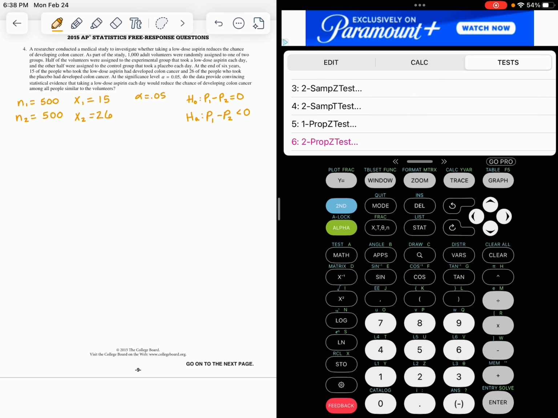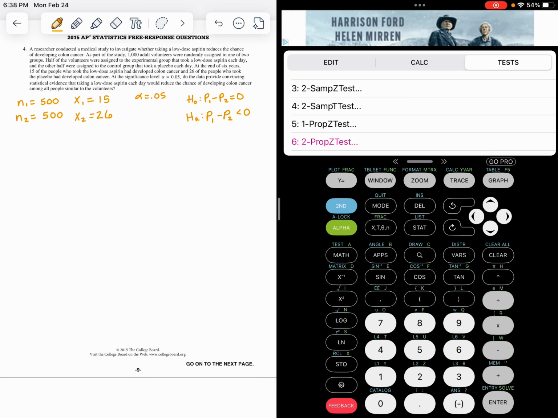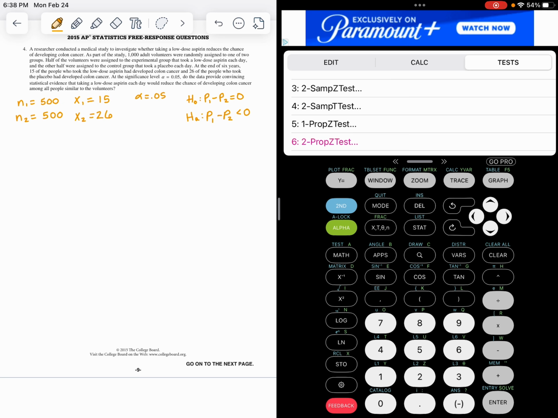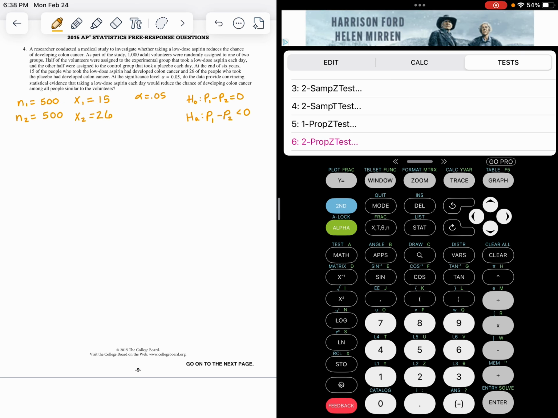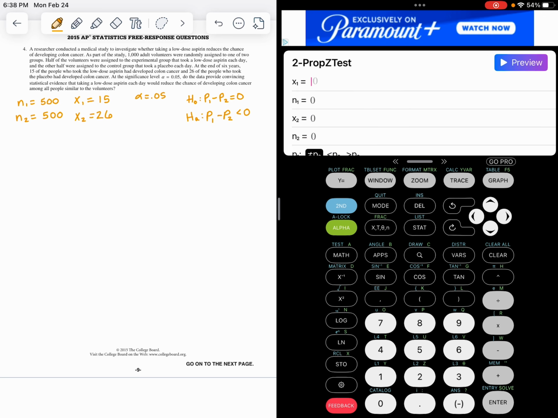This is option 6 on my calculator. It might be different on yours. Also, you'll notice right above it says 1 proportion z-test. So if this was a 1 sample, we would use that. But you have to make sure you're using the proportion, not the one that says sample. So we're going to go to the 2 proportion z-test, hit enter.